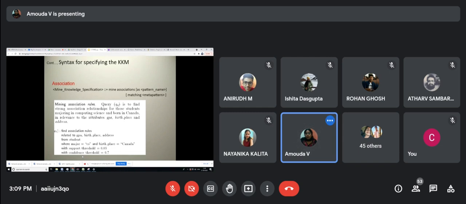That's what the confidence threshold says. So these two are measures of interestingness involved in association. There is some little calculation to do the association, to see the association between two items. You are getting my point? Yes, ma'am. Any confusion?